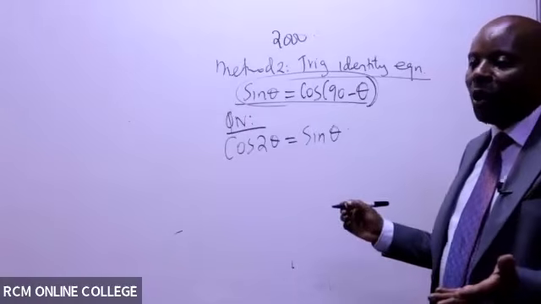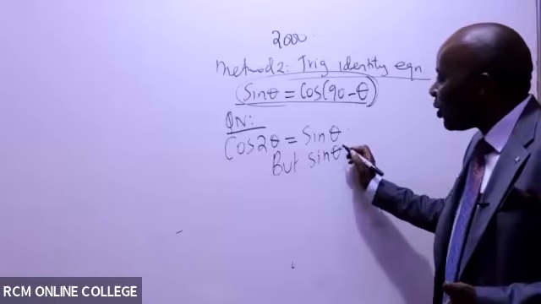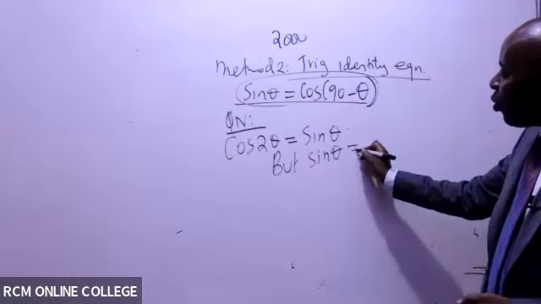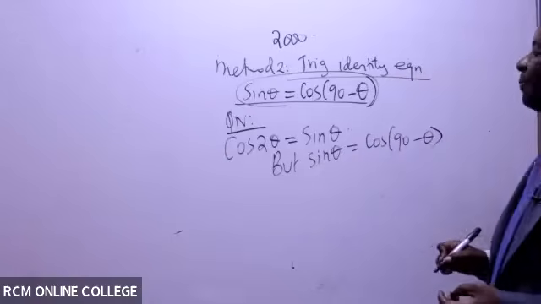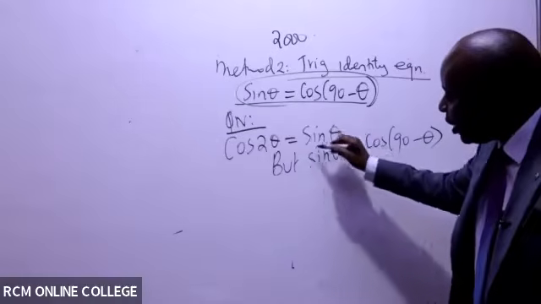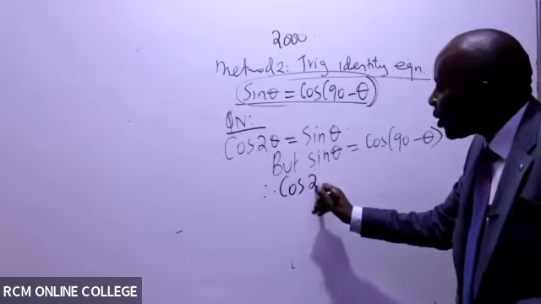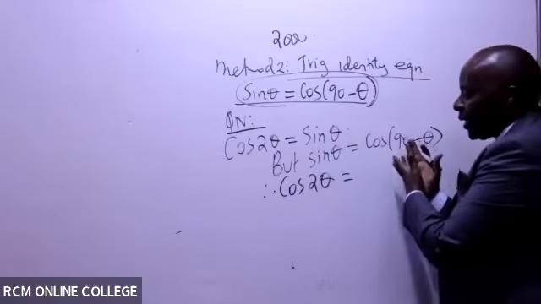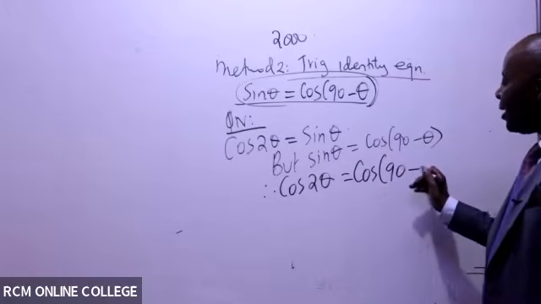But we know from the trigonometry identity equation that sine theta equals cosine 90 degrees minus theta. So we would want to replace this, implying, my good students, that cosine 2 theta, instead of writing sine theta, we know its equivalent is cosine 90 minus theta.